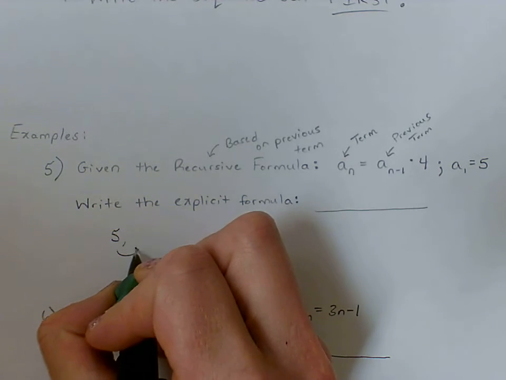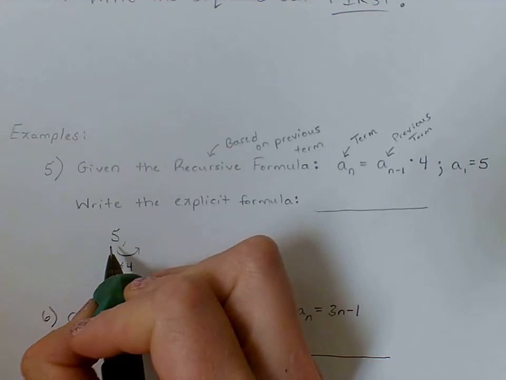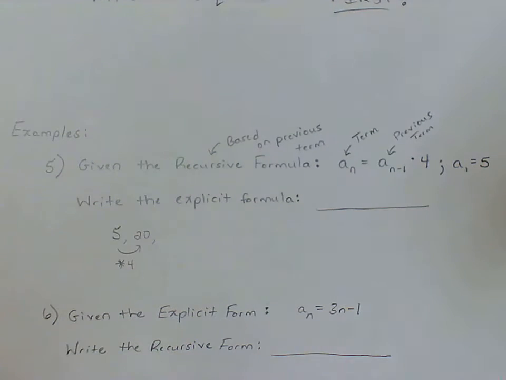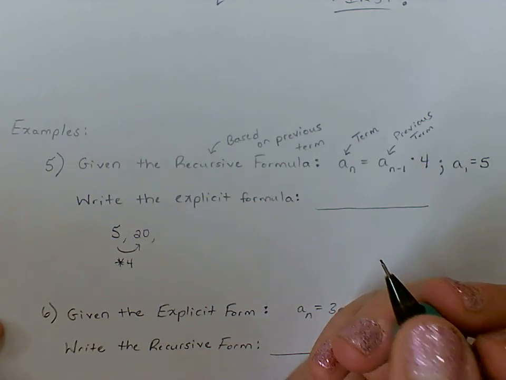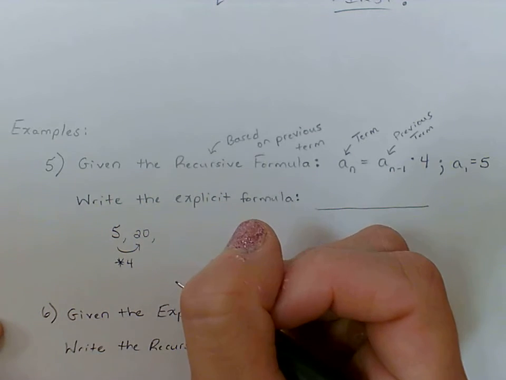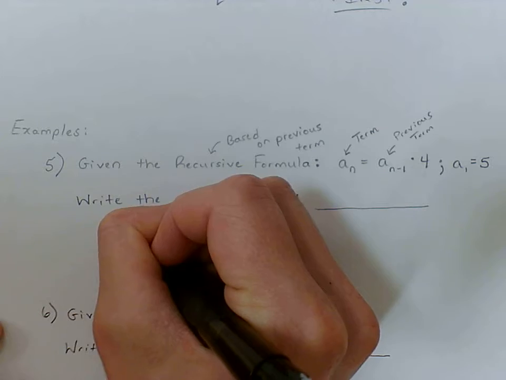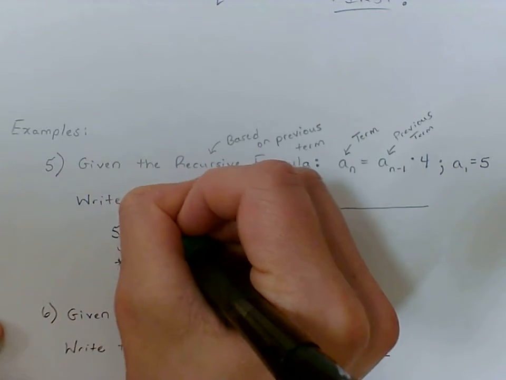To go from this term to the next one, I would have to multiply by 4. So 5 times 4 gives me 20. Then you can write out however many terms you need so that you can do the next part. Maybe I'll write out 2 more terms. To go to the next one, I continue that pattern. 20 times 4 gives me 80.